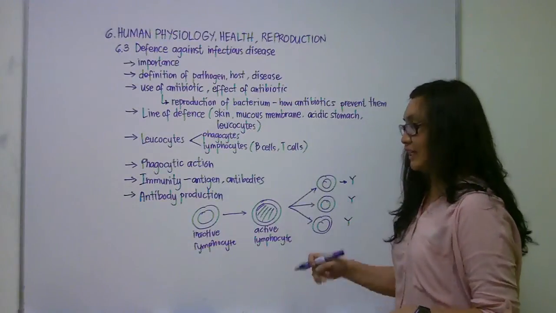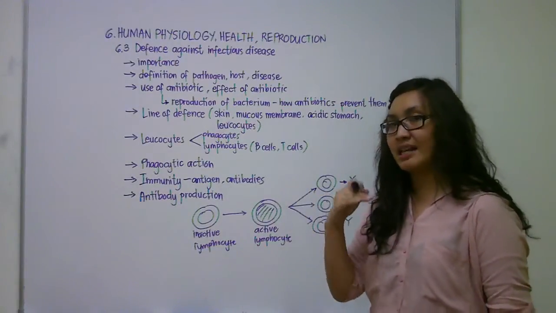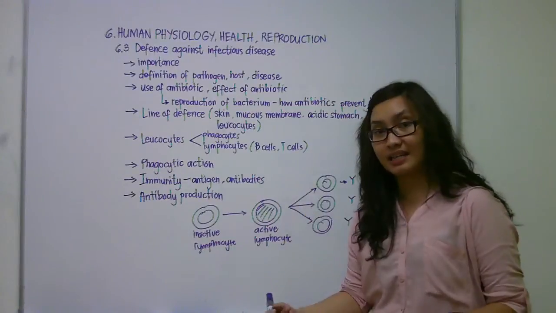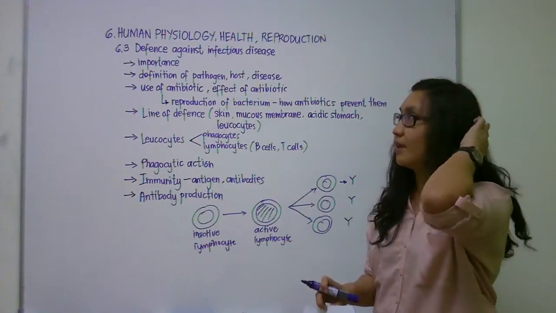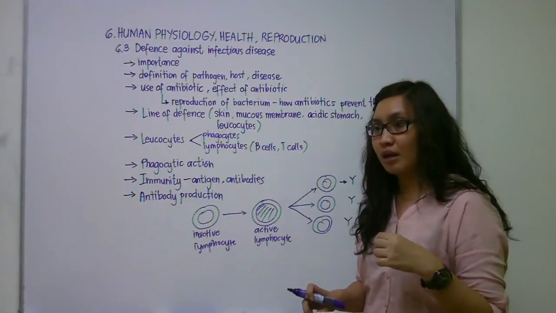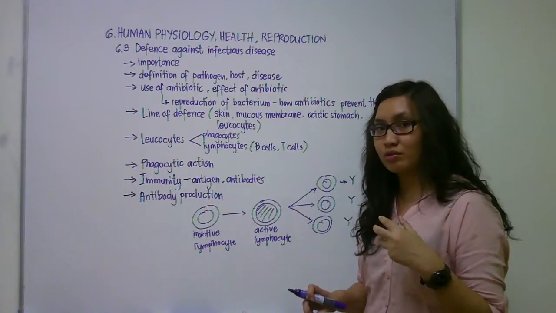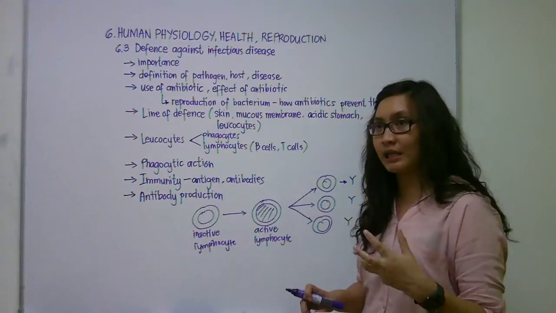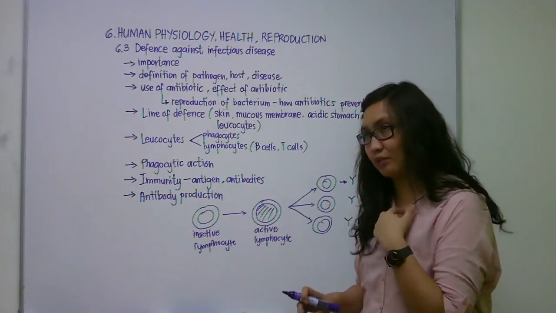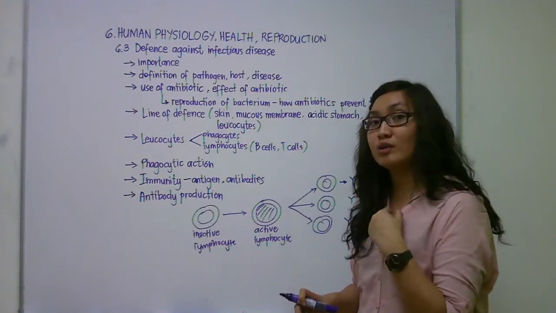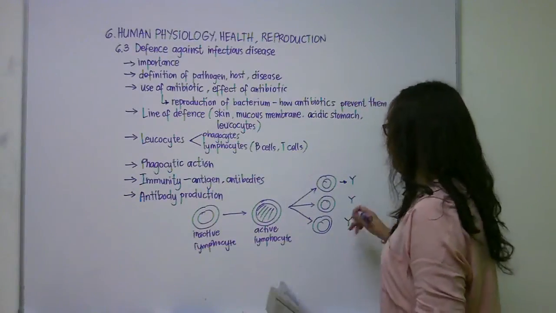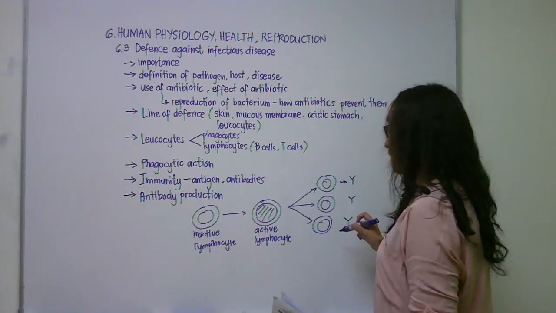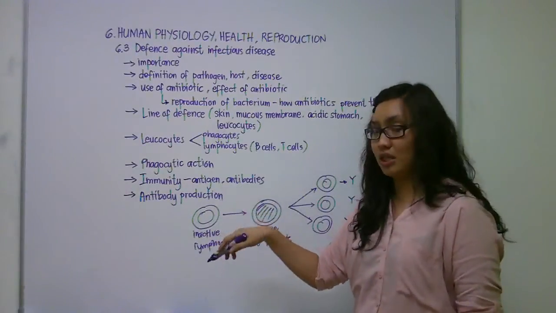We have to indicate that each and every pathogen has a specific antibody against it. So in the event that the pathogen invades the body again, the body knows how to react against that pathogen. That's why we have antibodies. In that sense, we achieve immunity.